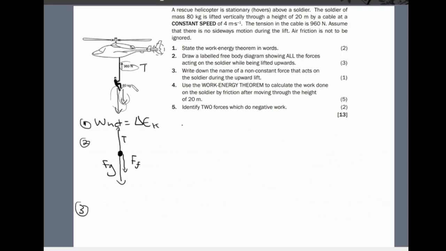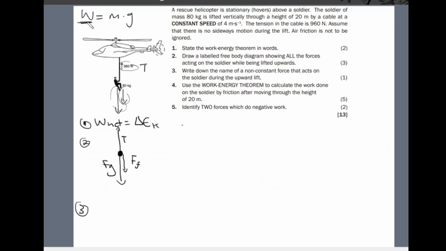And we also know that the mass of the soldier won't change while he's being lifted up. Therefore, the weight of the soldier will not change. There's a difference between mass and weight, right? Weight is equal to mass times gravitational acceleration.